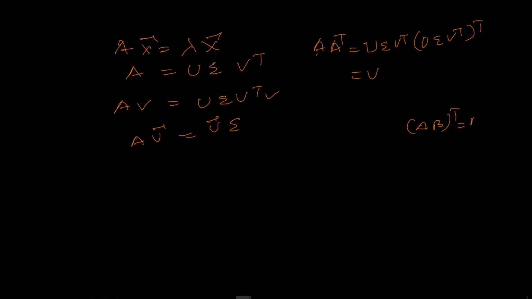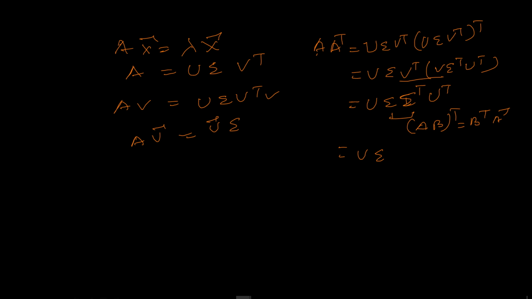As both are diagonal matrices, sigma is going to be squared, and U transpose. Now multiply this with the left singular matrix U: U sigma squared U transpose U, which is again I, so U sigma squared. You see from here how it is related: Ax equal to lambda x, so lambda equal to sigma squared. So in this way I can write that the square root of lambda, sigma i, gives the singular values, and sigma i squared are the eigenvalues.